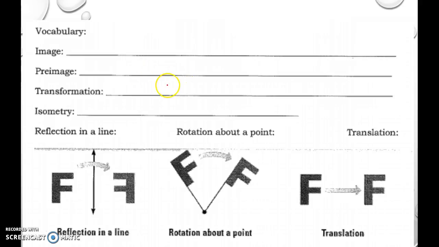So, let's skip around these definitions a little bit. The pre-image is whatever the original figure is. So whatever I'm starting with. The image is now going to be the new figure after the transformation.